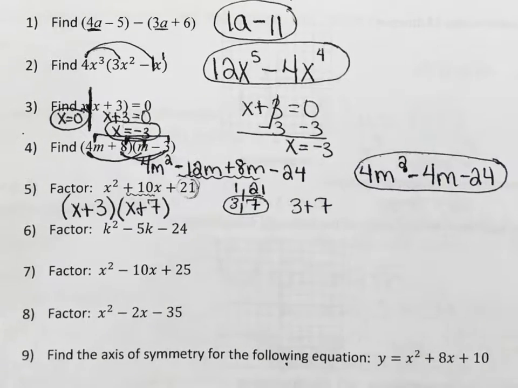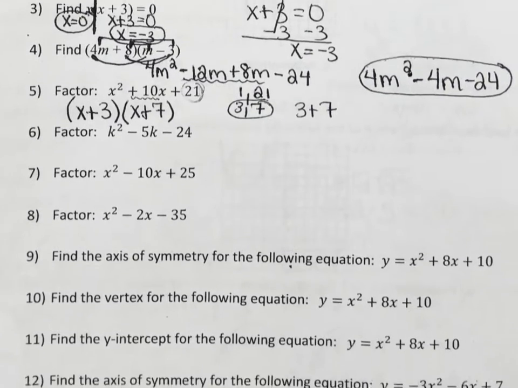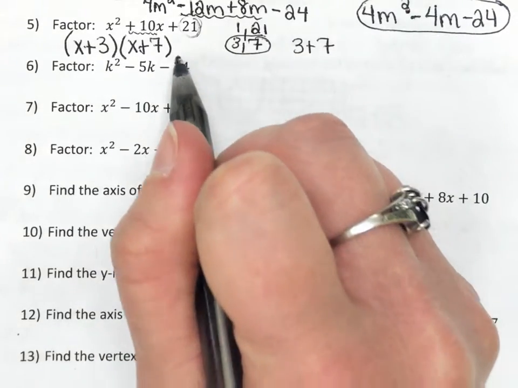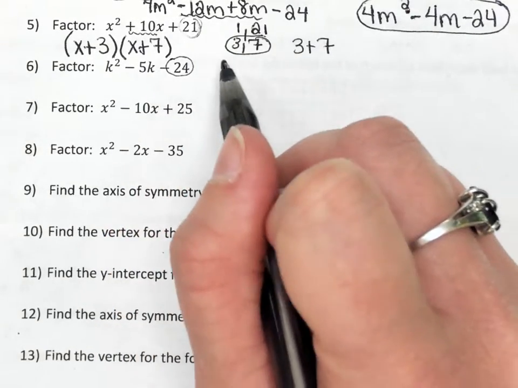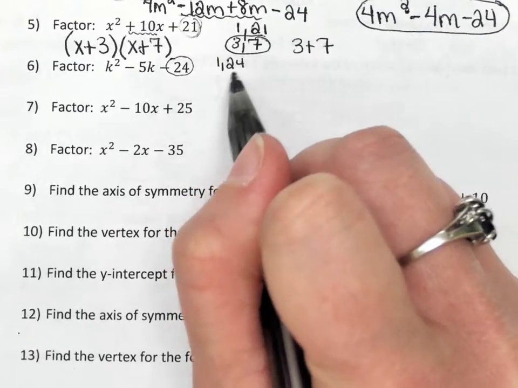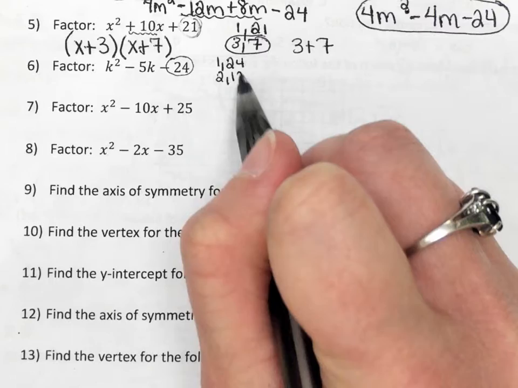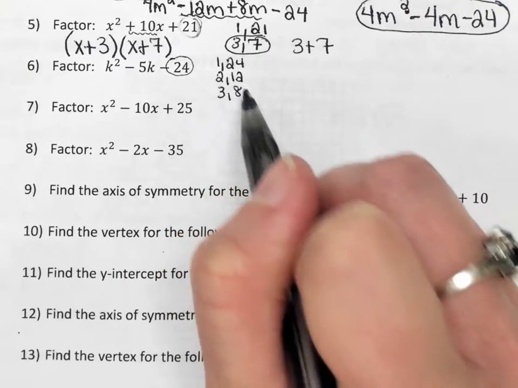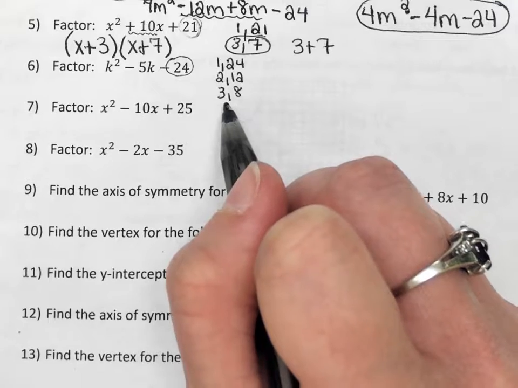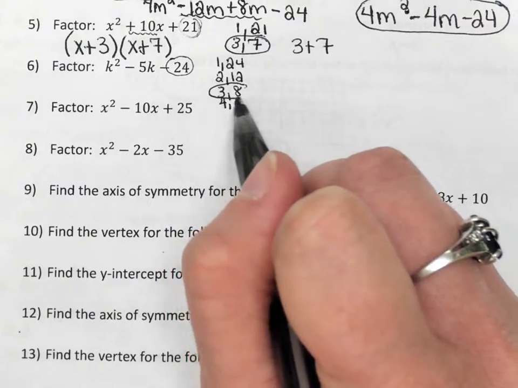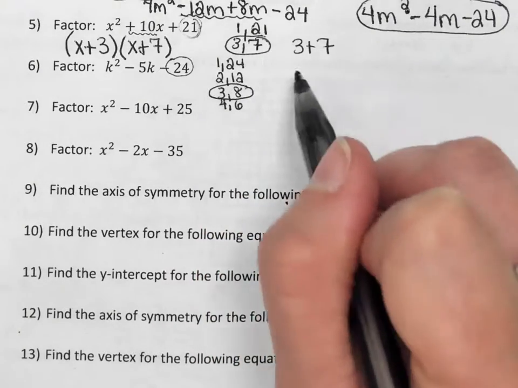All right, what about number 6? It says to factor. So factors of what number? 24. So what are the factors of 24? 1 and 24, 2 and 12, 3 and 8. One more. 4 and 6. Very good. Which one? 8 minus 3 or 3 minus 8?